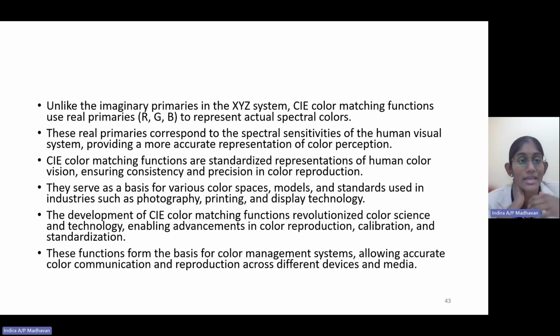They serve as a basis for various color spaces, models, and standards used in industries such as photography, printing, and display technology. Since they use the real primary colors and are arranged in a very proper manner, this particular CIE system is very precise and consistent in producing the colors.